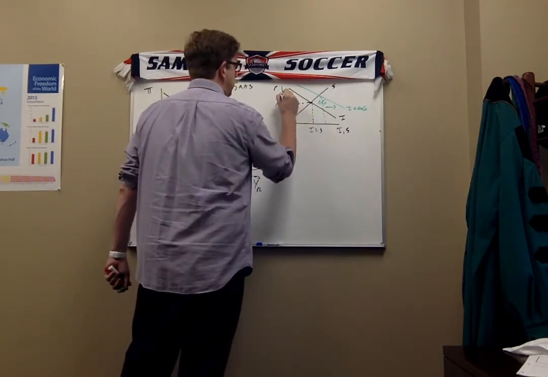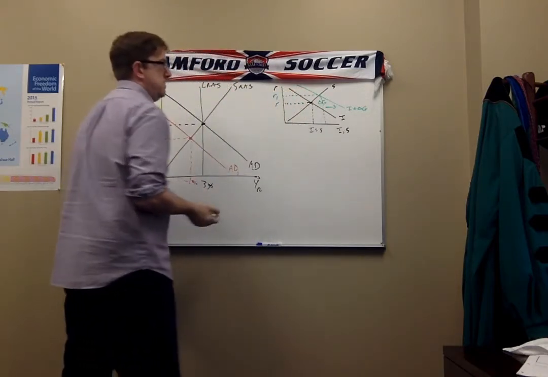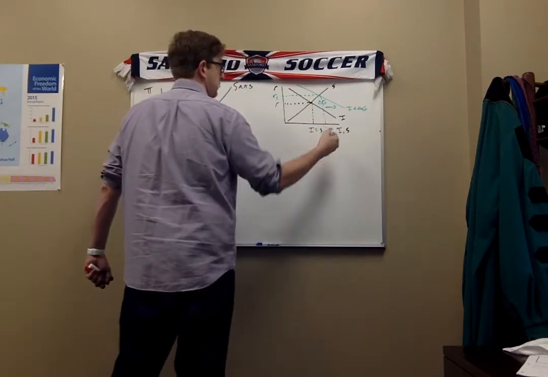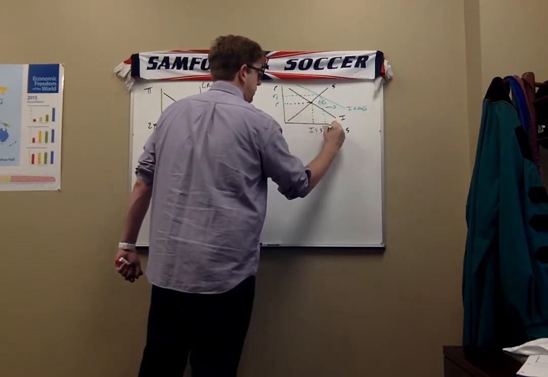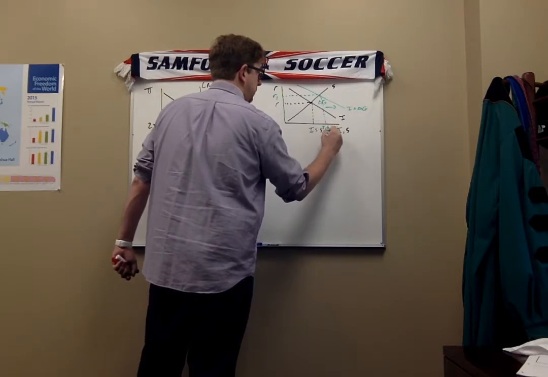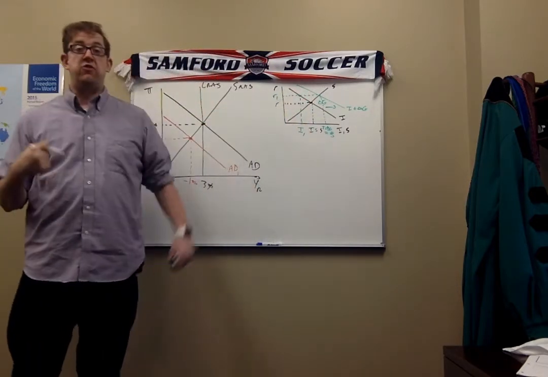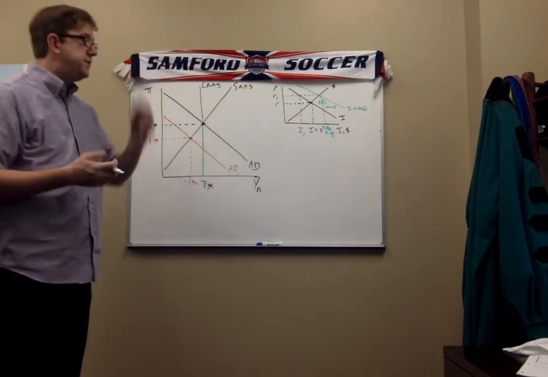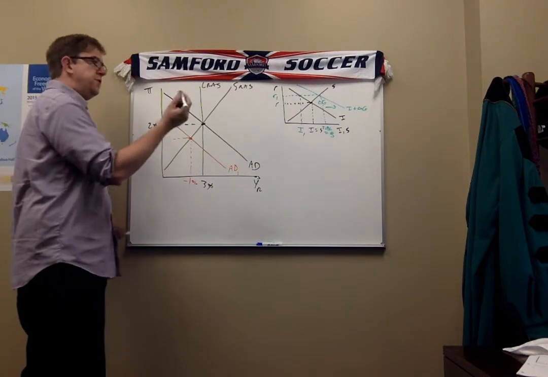Maybe we get more saving, but we reduce private investment, meaning that some private investment gets crowded out, and this change in government spending gets financed with the deficit. And the government's having to borrow now, which raises interest rates.